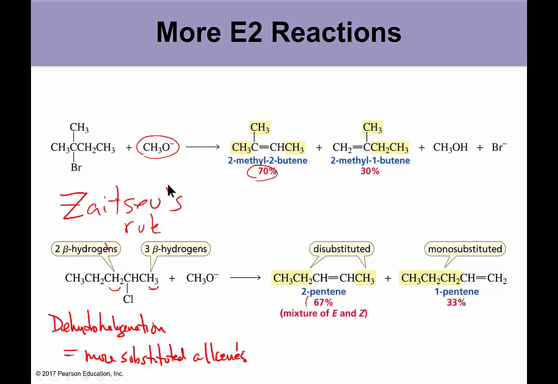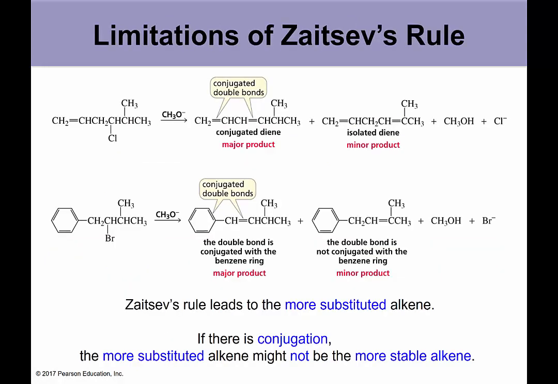Now there are some things that you have to consider when you do Zaitsev's rule, and the primary thing is conjugation. So if you have, for example, in this particular molecule, you notice the beta hydrogens to the leaving group. So here's my leaving group. There's a beta hydrogen here, and there's also beta hydrogens here.